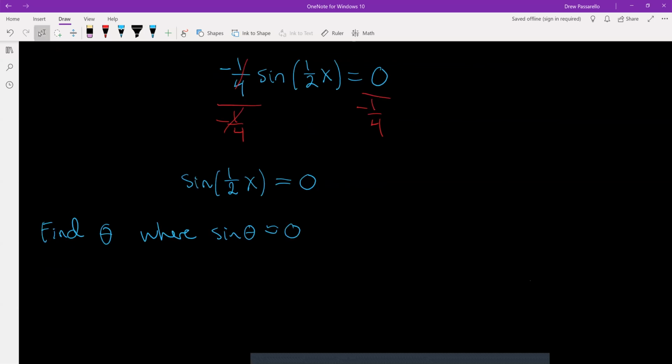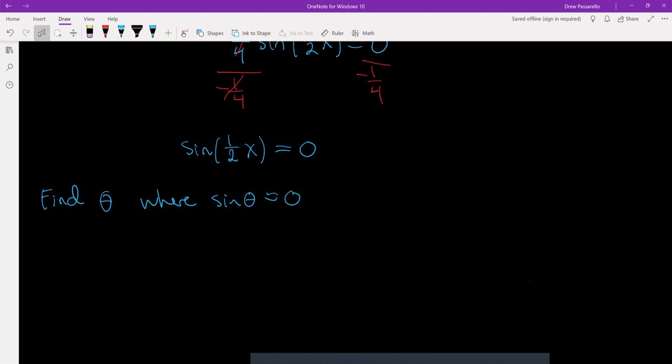It's the same thing as taking the inverse sine of both sides, but there are multiple values for which sine is 0, right? On the unit circle, you have sine of 0 at 0, then pi, 2 pi, and it keeps going, 3 pi, 4 pi, forever.